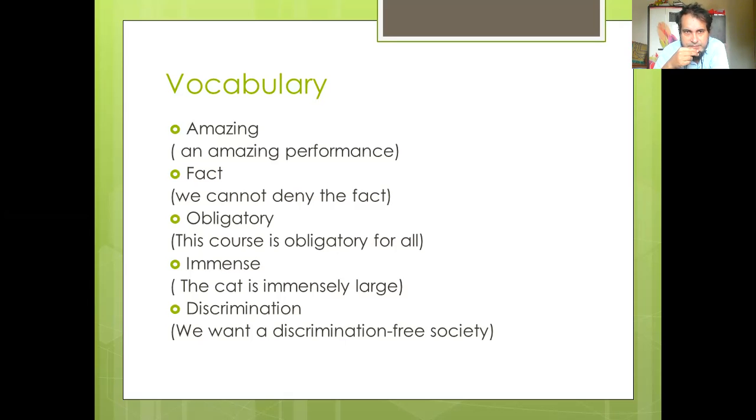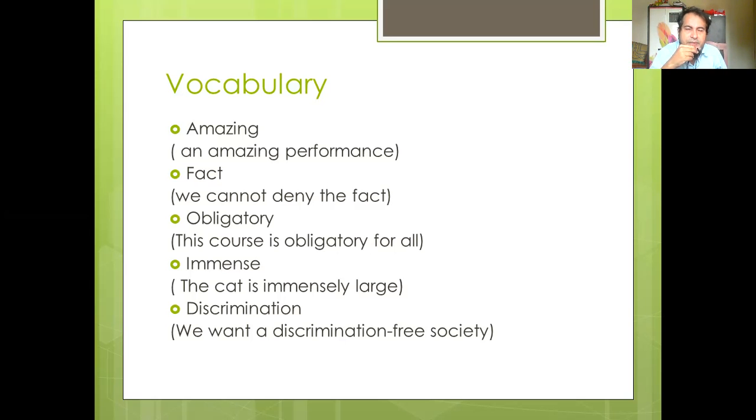The fifth word, discrimination, very common word, and you should know this word at your level, at HS level. Discrimination. We want a discrimination-free society. In our today's world, we hear this word very widely. Discrimination means giving priority to someone.